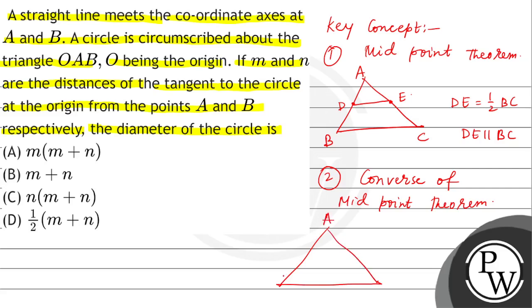Suppose ABC is a triangle and D is midpoint of AB. Then a line is drawn parallel to BC through D and that line meets AC at E. Then E will be the midpoint of AC.